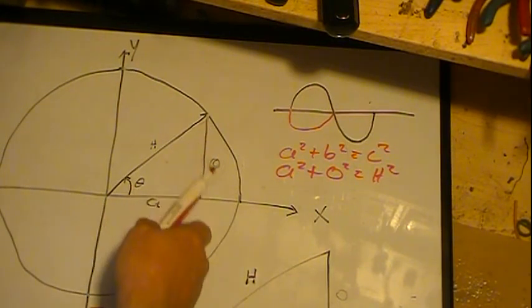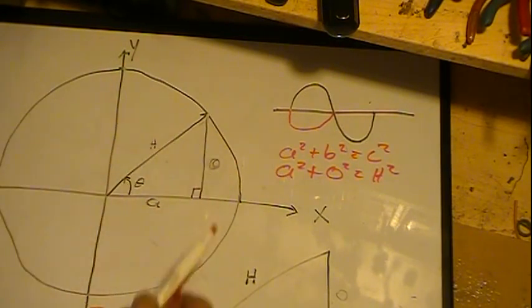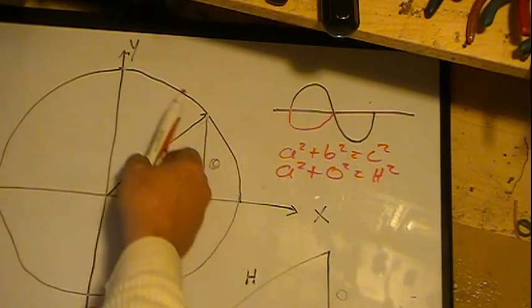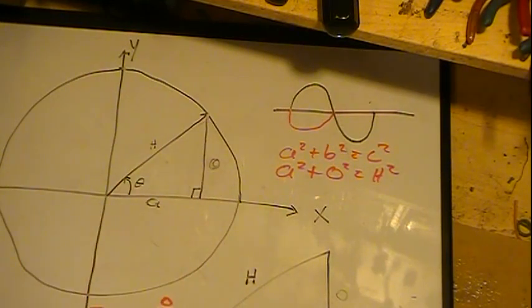But there are actually 3 different angle measurements that you can make of a circle. The primary one you see the most is degrees, and there are 360 degrees in a circle.